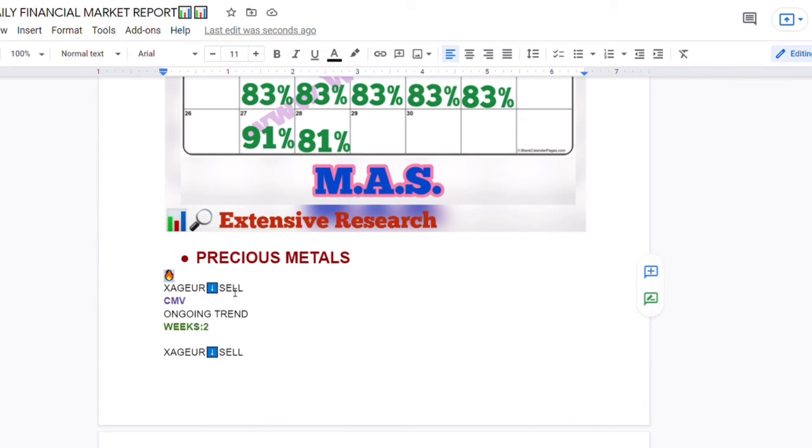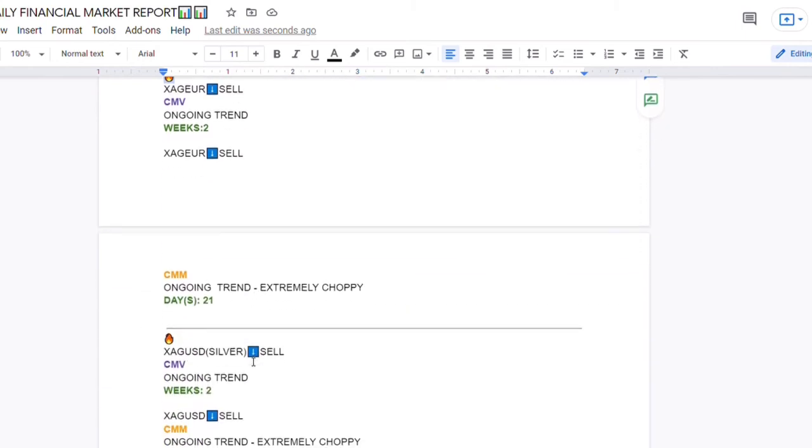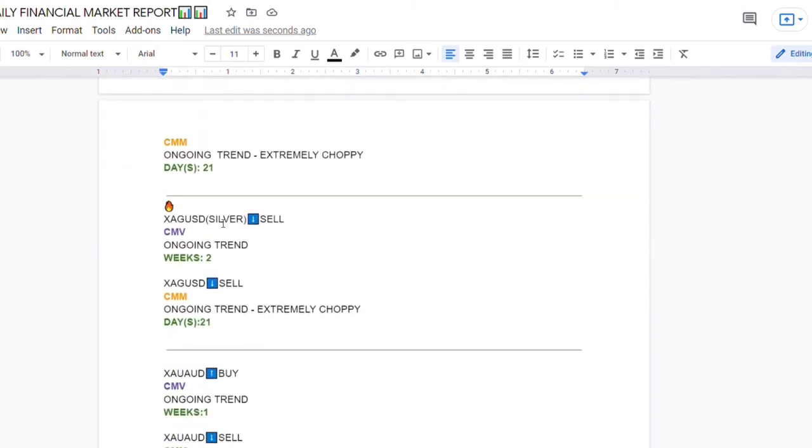We have a sell on the CMV and a sell on current market movement. So that's an alignment. Another alignment, here goes silver versus US dollar, or just silver. Sell, and also another sell. So that's a perfect alignment, and that's why it has a fire symbol.